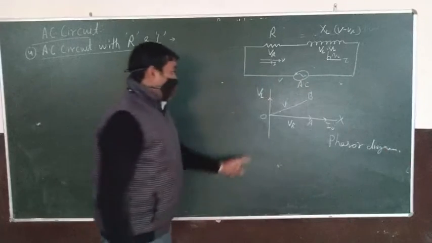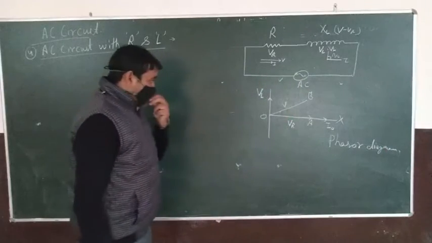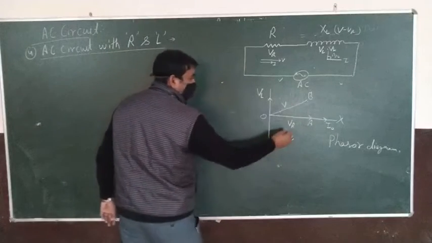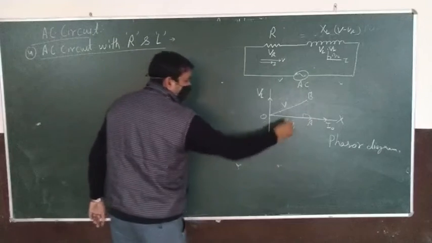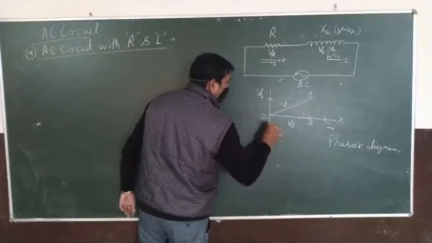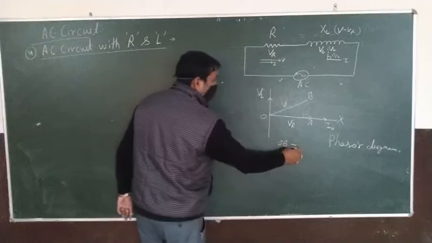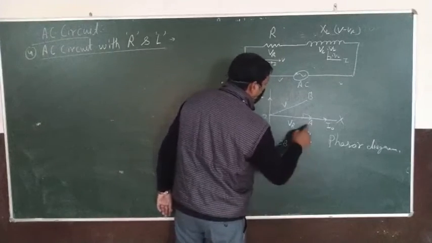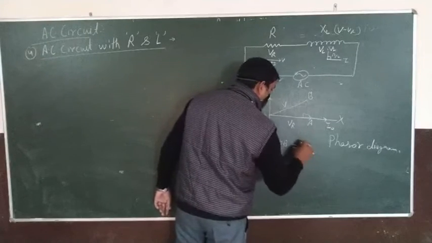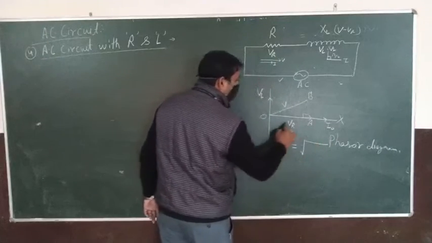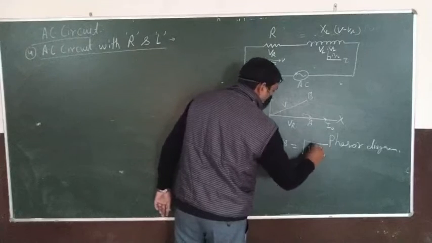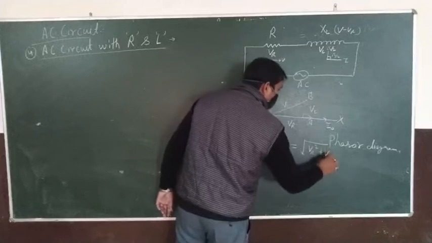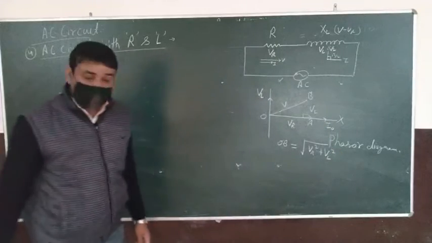Now, with the help of the phasor diagram, the value of voltage is calculated. This angle is 90 degrees. Therefore, the value of voltage OB is equal to the square root of VR square plus VL square. Clear?